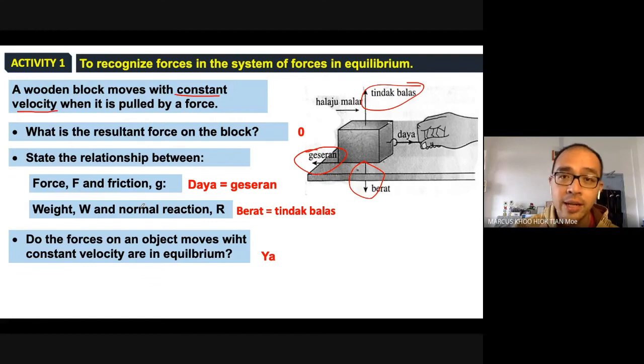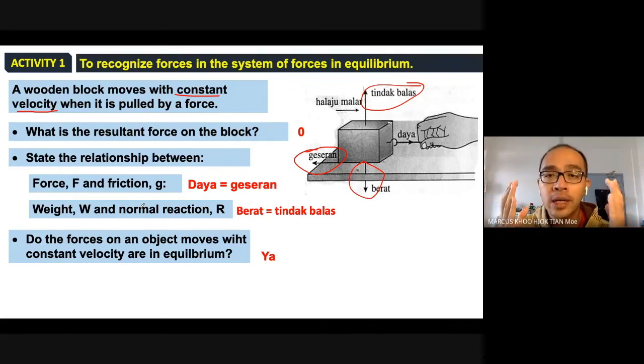Even when forces are in equilibrium, it doesn't mean that the object doesn't move. It can also mean that the object is moving with a constant velocity, alias zero acceleration. So be aware of the two situations of resultant force equals to 0 or forces in equilibrium. These two actually mean the same thing.